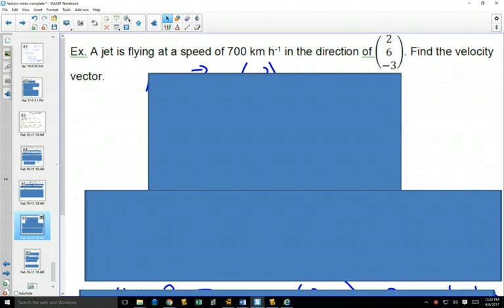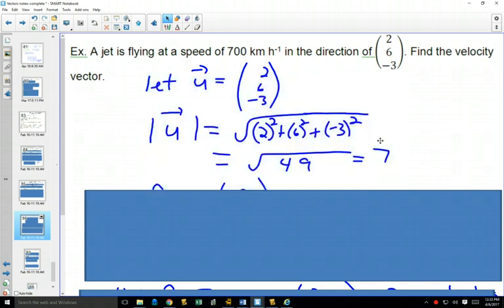So if we look at 2, 6, negative 3, and ask how long it is, it has a length of 7. If that was our velocity vector, then it would only have a speed of 7 kilometers per hour. We want the same direction, but to have a speed of 700.